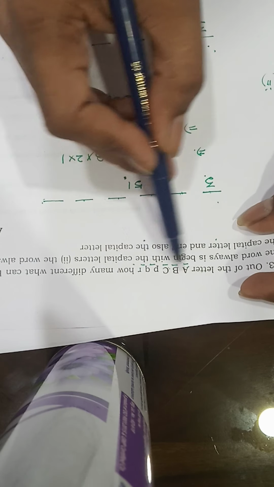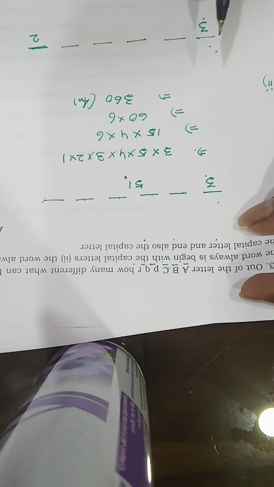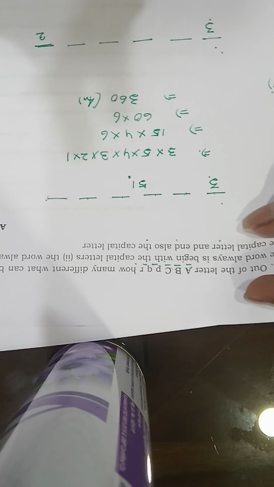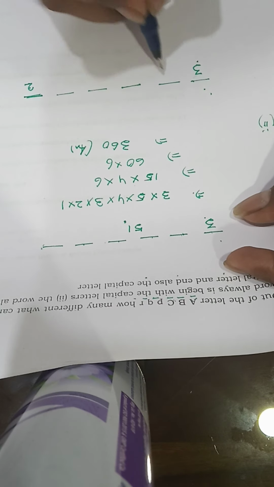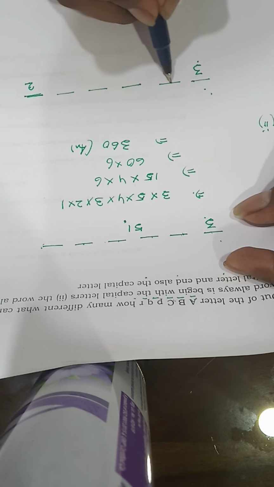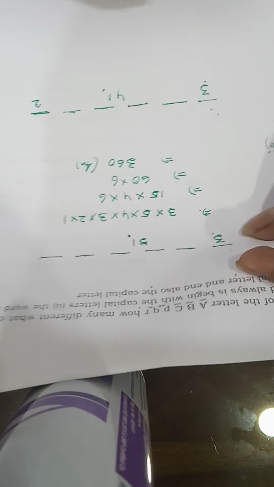So you can put any of them over here, A, B, C, either A, either B, either C. So in the rest, there are 2 left. So 2. And how many spaces are left? 1, 2, 3, 4. So it is stated as 4 factorial.